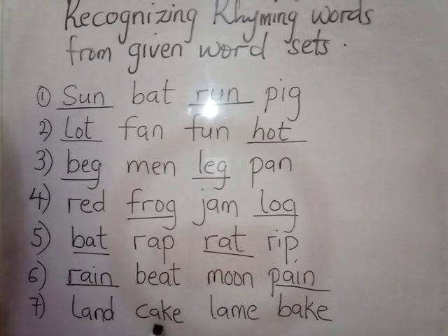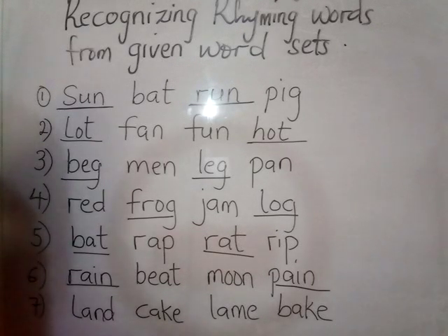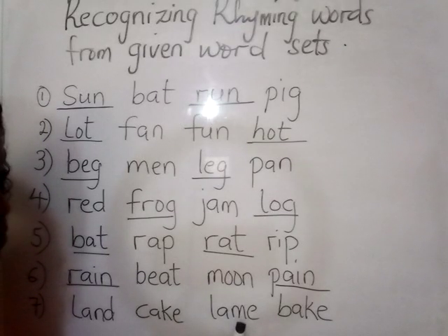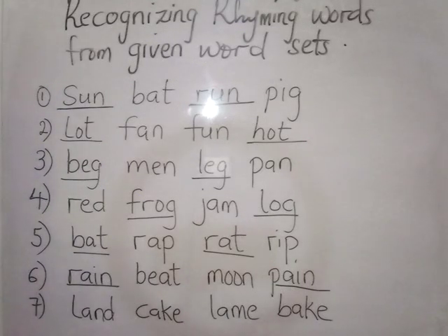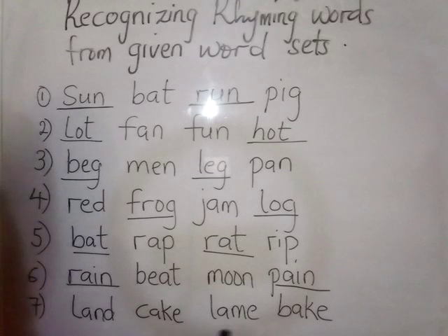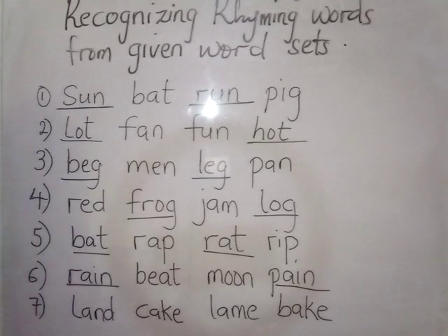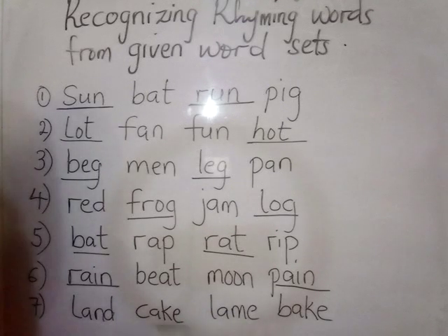So the second word here is cake. So you have cake and lame. Do they sound alike? Not really. Though a little bit, but there is a difference. Ake, aim. You see that? The sounds are different. So they don't rhyme.